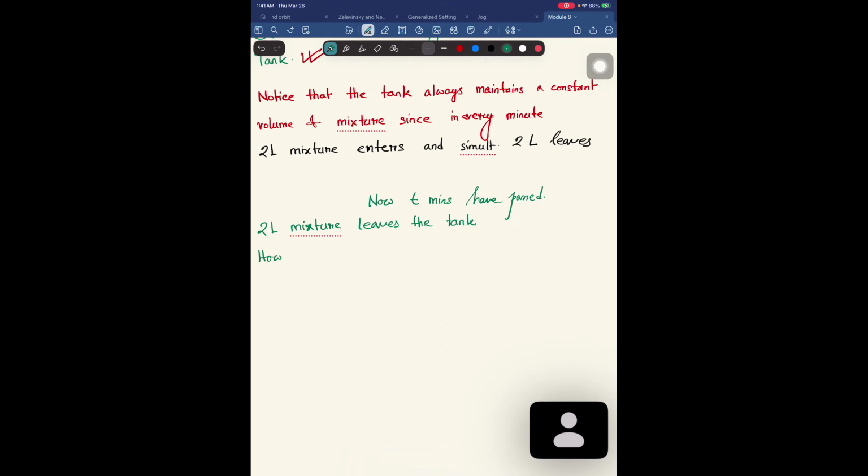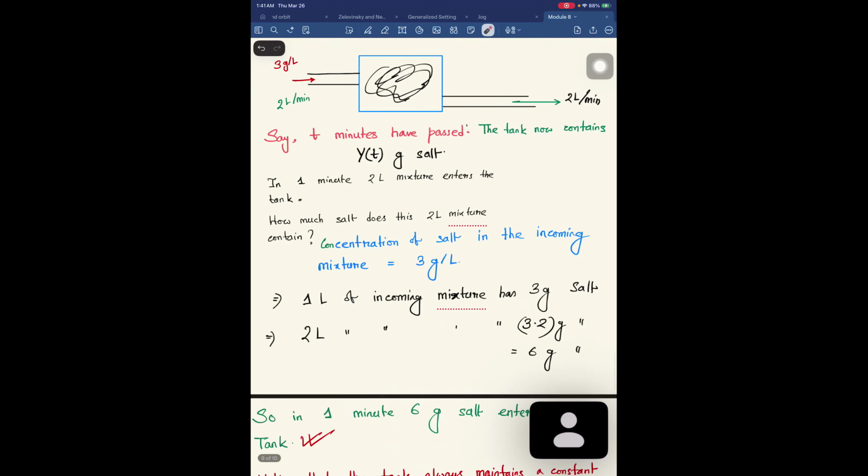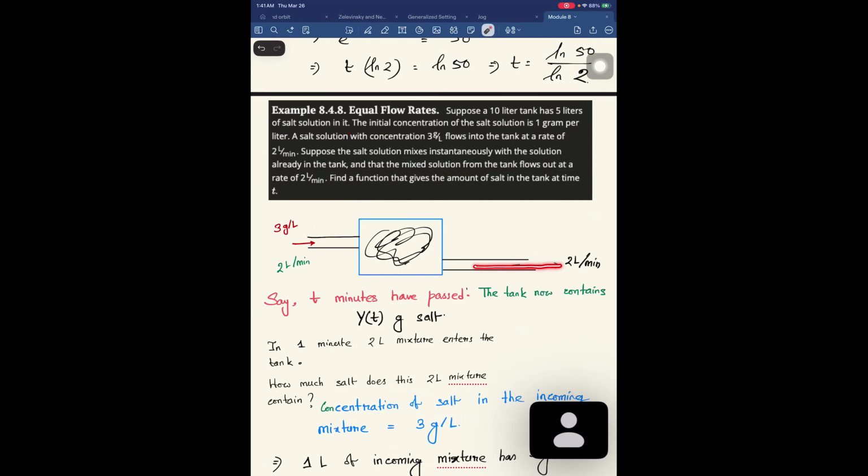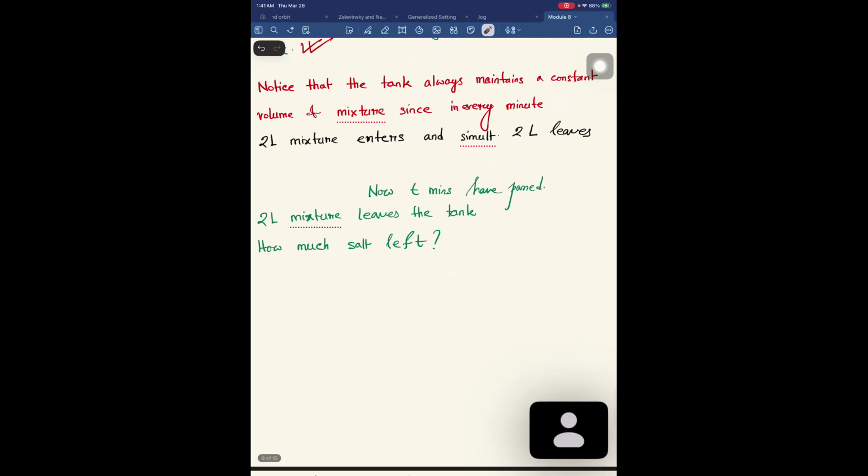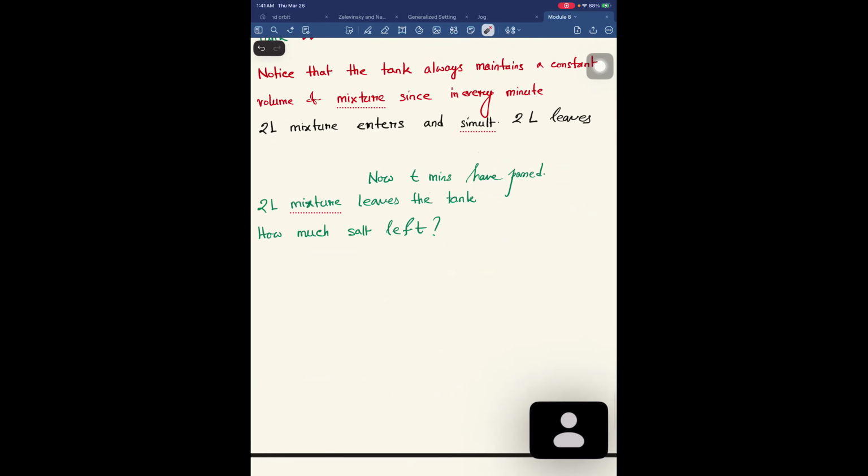How much salt left? See, after t minutes, when the mixture leaves the tank, the salt in this outgoing mixture is same in concentration as the concentration of salt in the tank after t minutes, right? So you have to find out the concentration after t minutes.